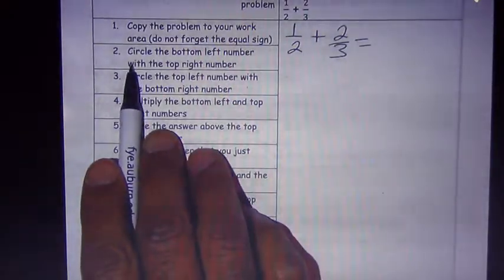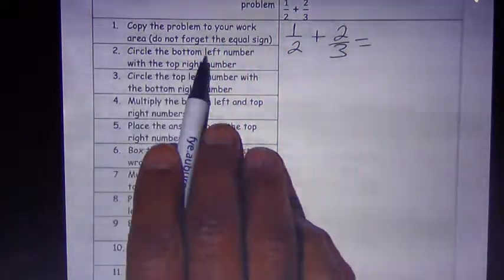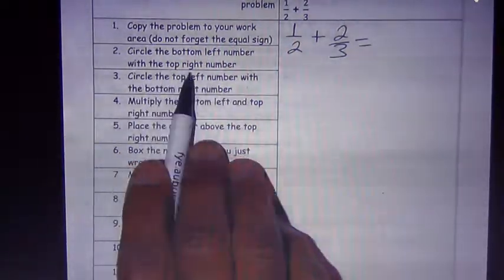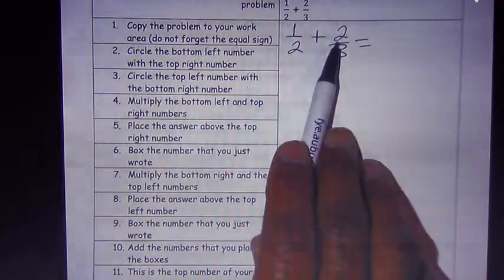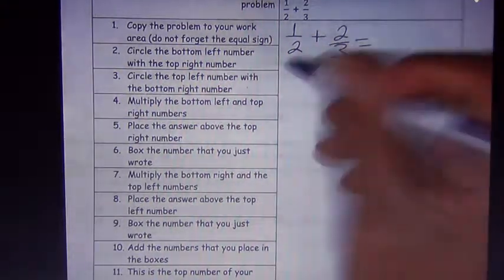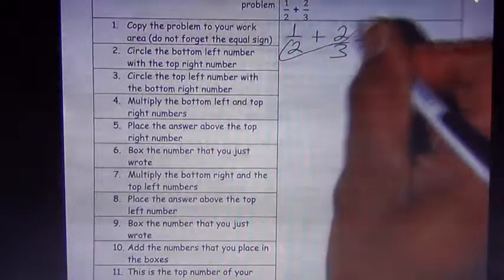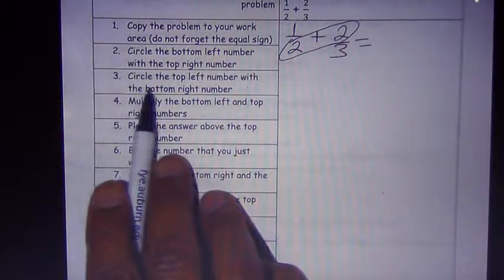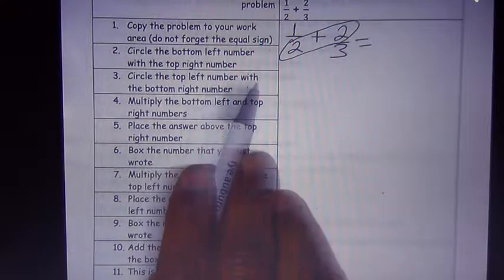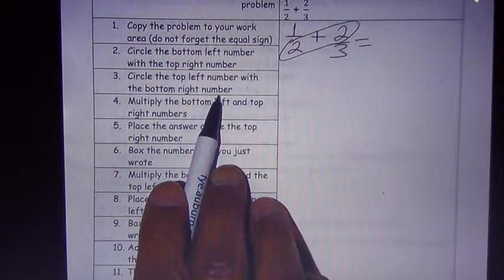This says circle the bottom left number with the top right number. So the bottom left number and the top right number, and it says circle them. Now it says circle the top left number with the bottom right number.